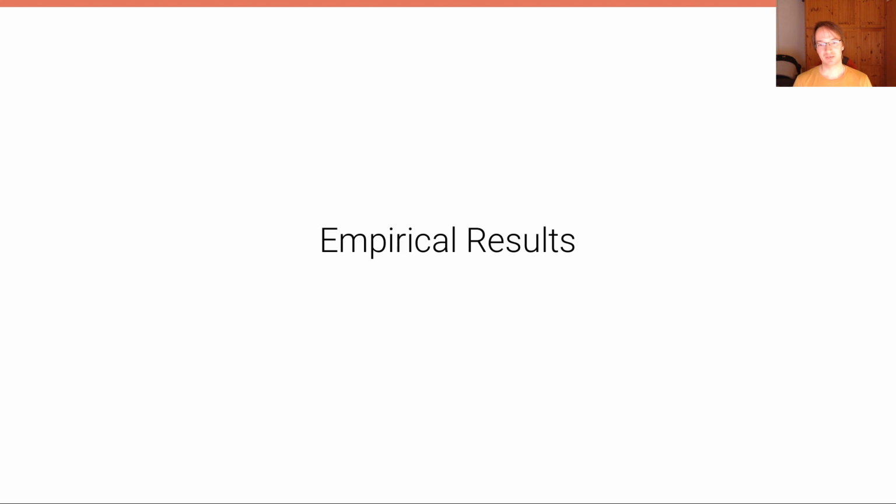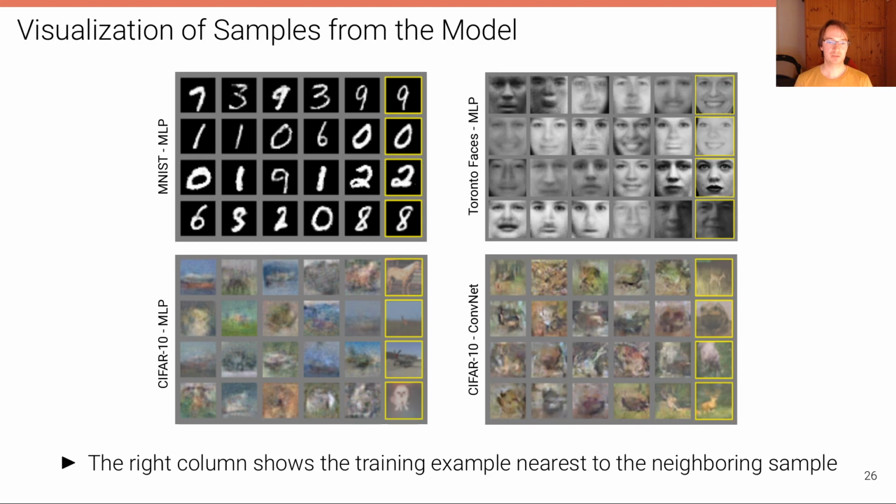So after these theoretical results, let's have a look at some empirical results of the GAN, which are still part of the original GAN paper. This is a plot that I've taken from the original GAN paper, and this shows samples from the model for different models trained on different data sets.